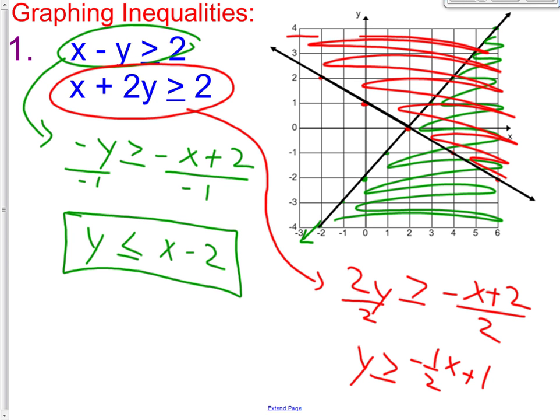So what I want you to do, just the way I've done it up here, is graph those two different spots, and then the common area where the two colors overlap, I want you to make that very, very, very dark. That way you're telling me very, very clearly, this is my solution. All of these points satisfy both equations, so this is my answer. That's what I expect from you on your next chapter test. So now that I've done problem number 1, why don't you guys try problem number 2?